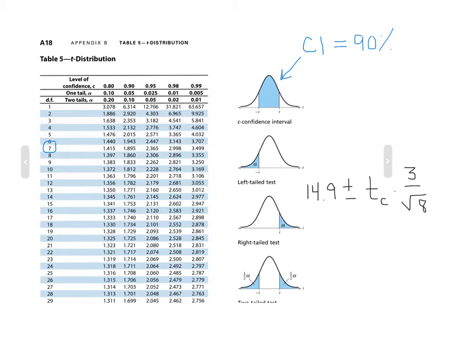So we want to go to the two tails 0.10, because 10% is 0.10. Follow that down here to the row for degrees of freedom 7, and here is our critical value for this t-distribution.